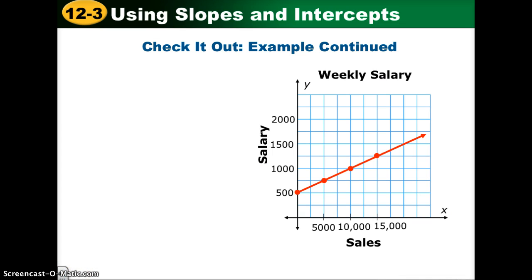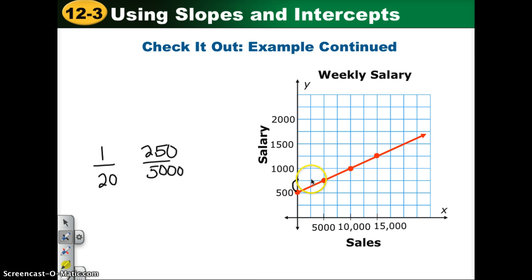So to make this graph a little bit easier to read, we start at 500, and if we're going at a pace of up 1 over 20 for our slope, you might want to figure out how they got to 5,000 here. So let's look at it as going up to 50. If we're going up to 50, then if we multiply that times 20, we're going to end up at our 5,000 mark.